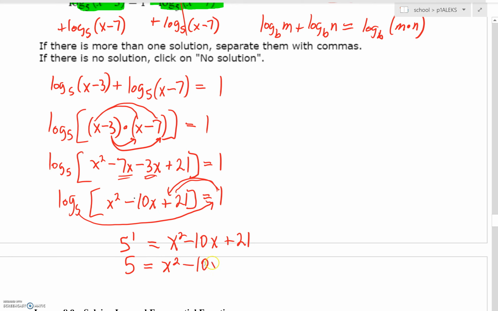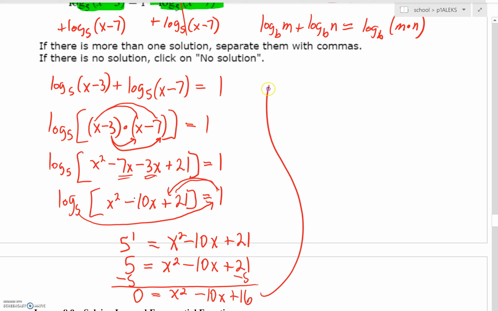And you can see right now we have a quadratic. And with quadratic equations, we need a 0 on one side. So I'm going to minus 5 from both sides to get rid of 5 on the right. We'll have x squared minus 10x plus 16.